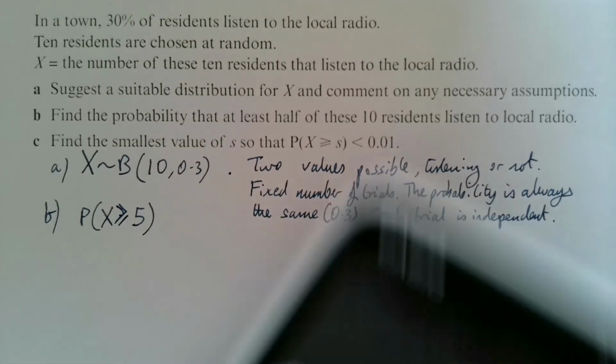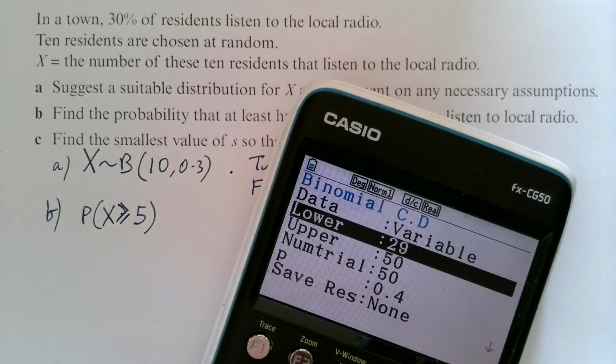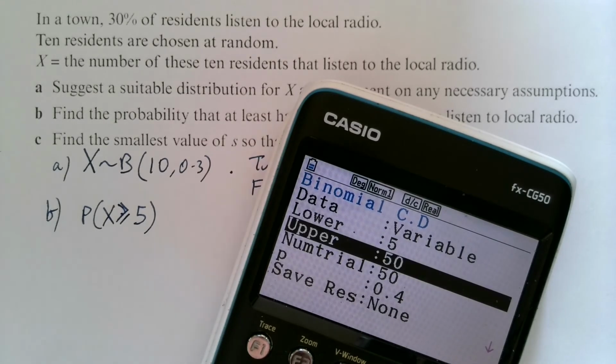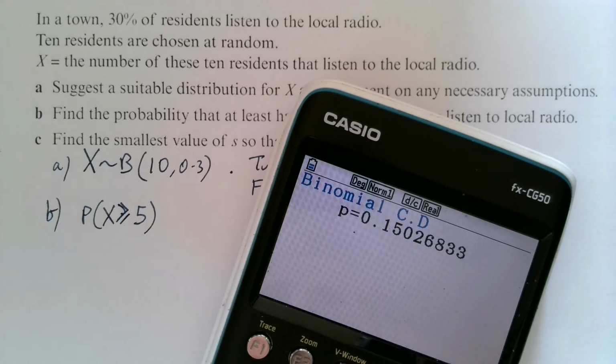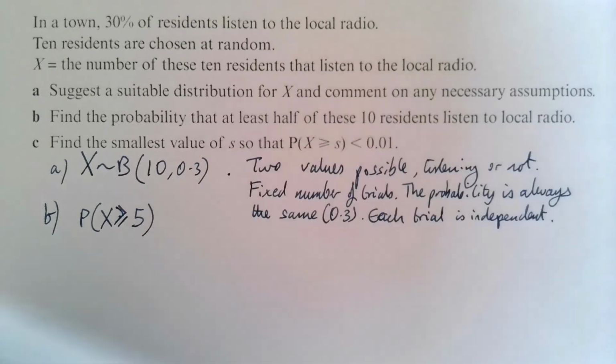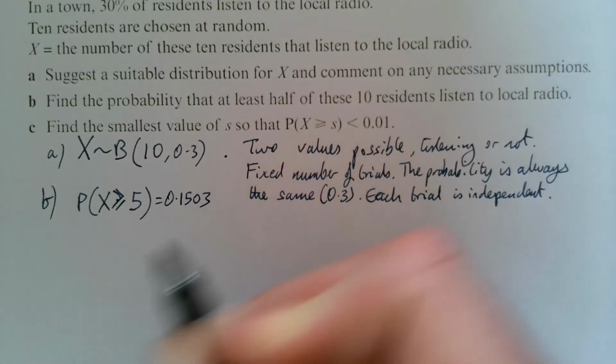So getting a calculator, you're saying, right, the smallest we can accept is 5, the most we can accept is 10, the number of trials is 10, the probability is 0.3, and that's giving us 0.15026, so 0.15003.